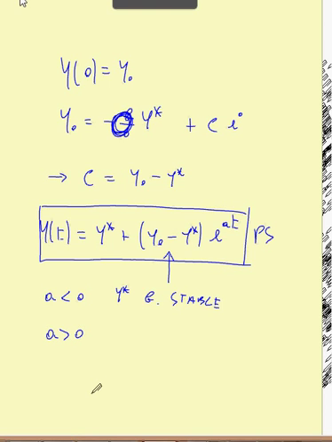The steady state solution implies that the speed is equal to 0, so minus 3y plus 2 is equal to 0. So the steady state solution is y equal to 2/3. We can call it y star because it's the equilibrium solution.